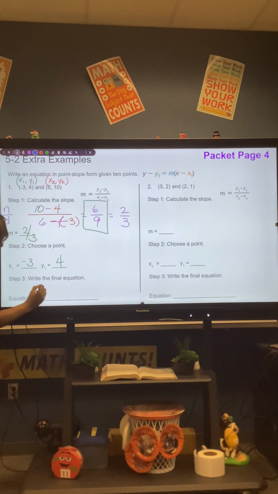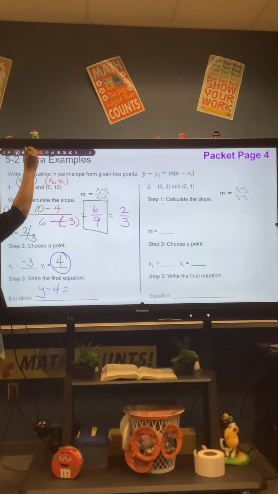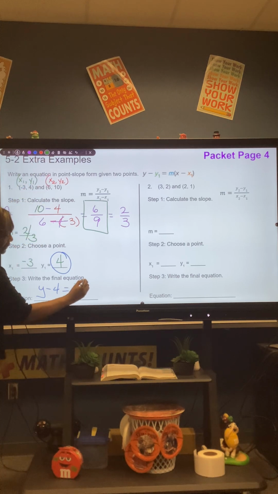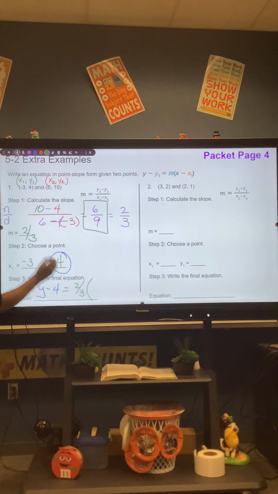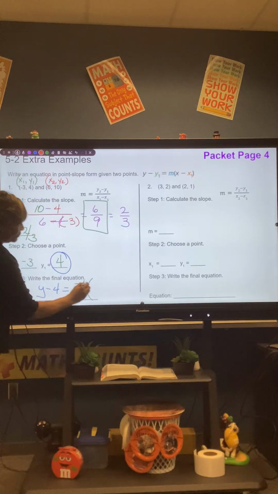Okay? And here we go. You with me? Y minus, what is y1? It's 4, right? What was the slope? Up here, what was the slope? It's 2/3, right? In parentheses, guess what I'm gonna do?